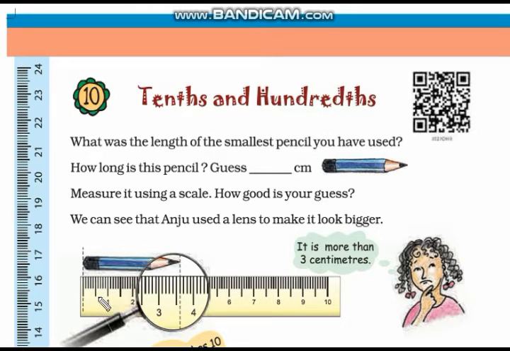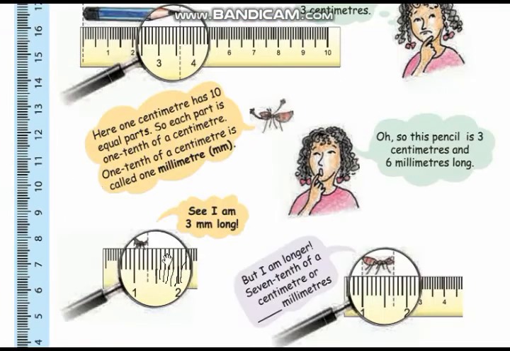So here you can measure this pencil with a scale. Here 1 centimeter has 10 equal parts. As I have explained you, here 10 equal parts. So each part is 1/10 of a centimeter, because I have explained before also that if a whole is given and it is divided into 10 equal parts, then each equal part is called 1/10 of a whole.